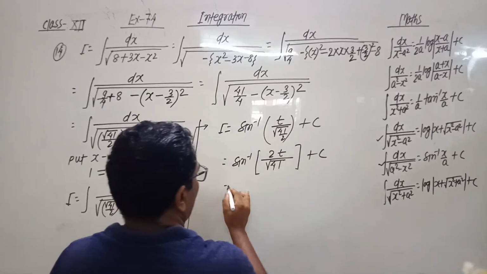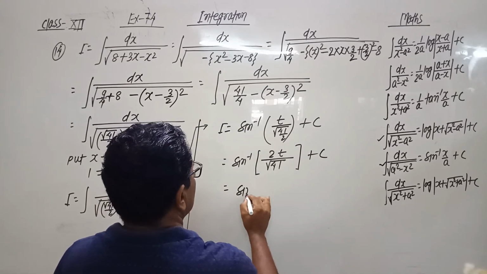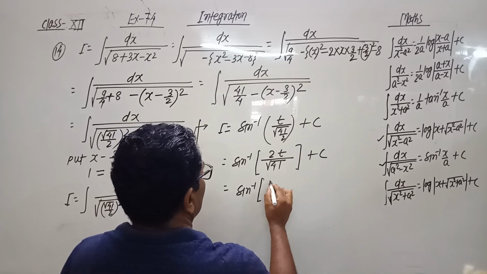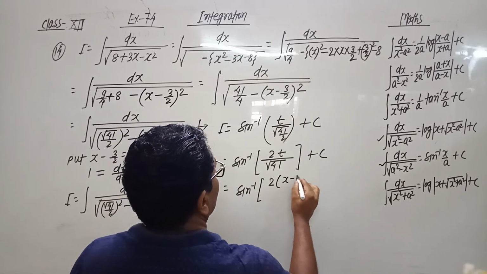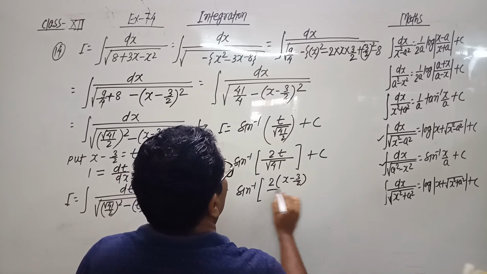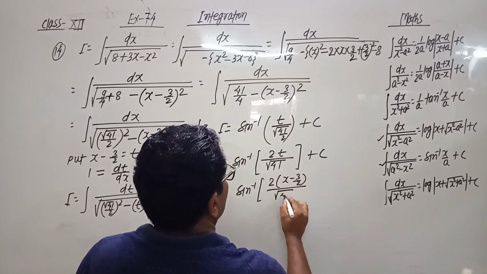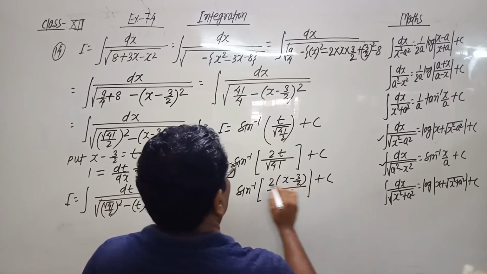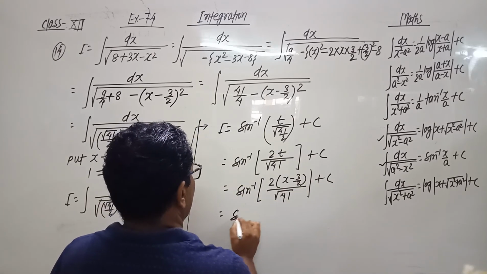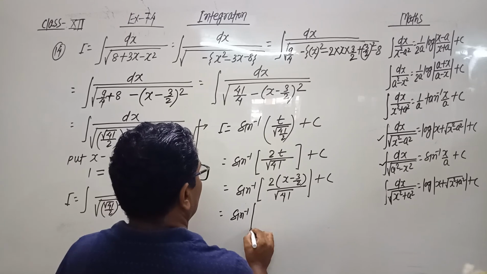Then put the value of t. So sine inverse of 2 into the value of t, which is x minus 3 by 2, upon root 41, plus c. Then solve by taking LCM.